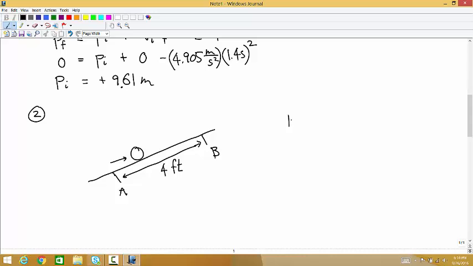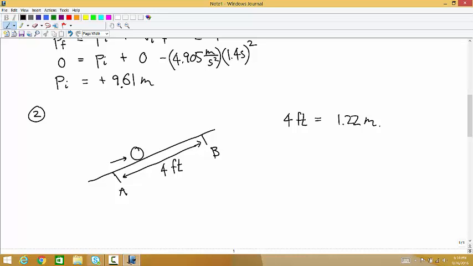If you do the conversion, 4 feet is equal to 1.22 or so meters.